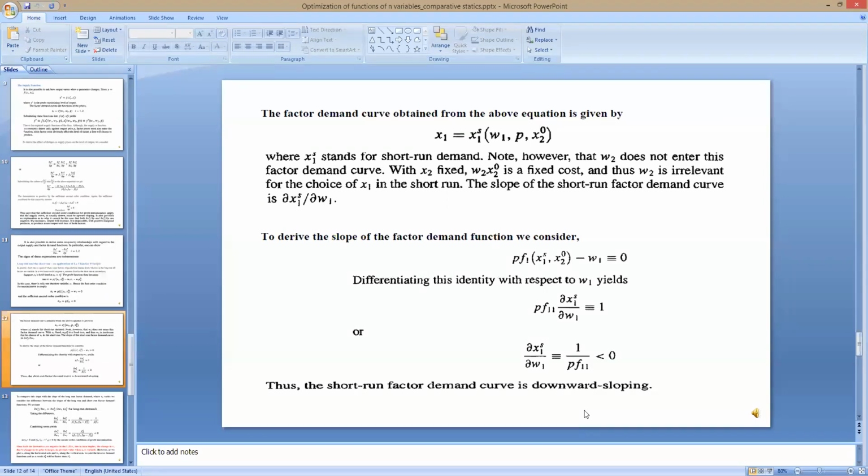So this is the difference between the short run and the long run. Actually, in the previous exercises, we considered both x1 and x2 to be variable. So the previous exercise can be considered as the long run exercise. So for the long run, this x1 will be x1 L, say, which we earlier named as x1 star. That will be a function of W1, W2, and P. Whereas in the short run, this X1 is a function of W1, P, and X2 naught.